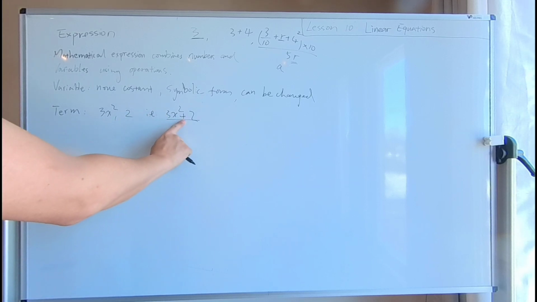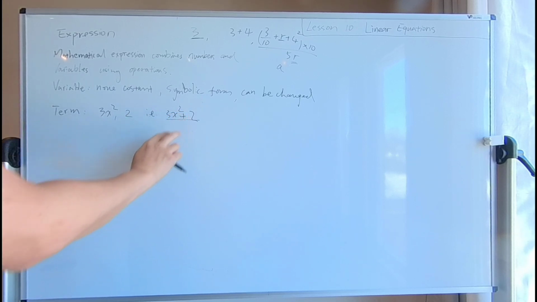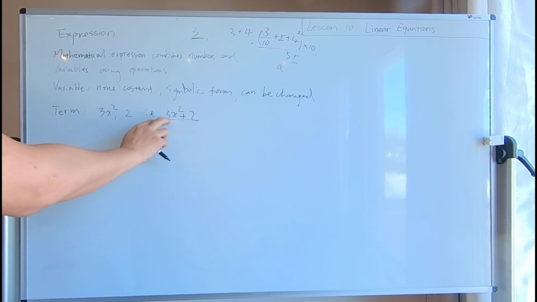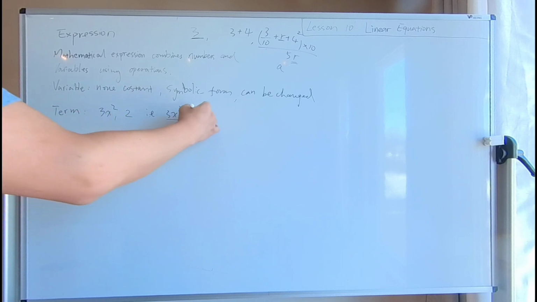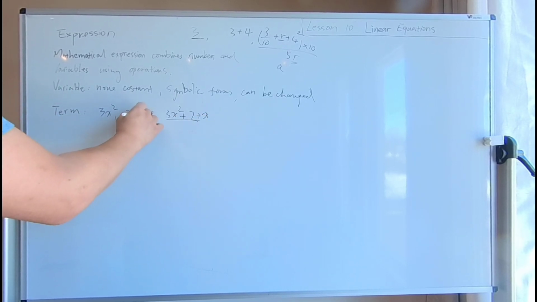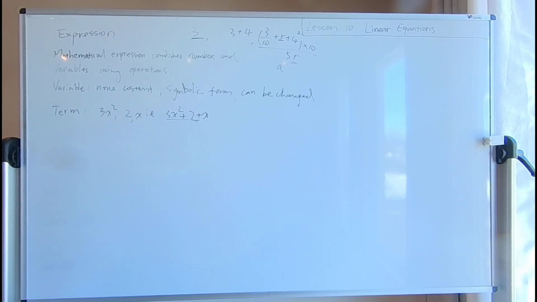Basically, the components of the expression that are separated by the operation are called terms. A term can contain a constant only, or a variable only, for example a single x is also a term, and it also can be a mix of constant and symbolic variable.